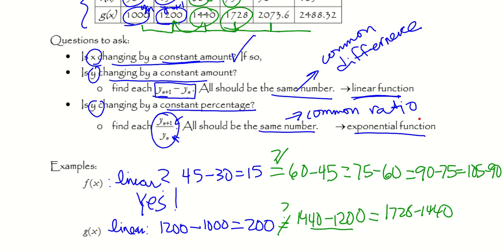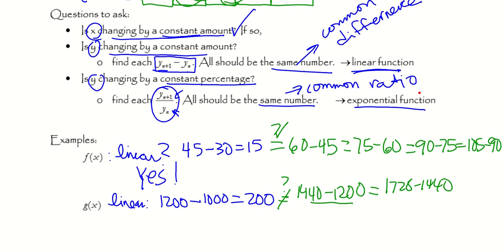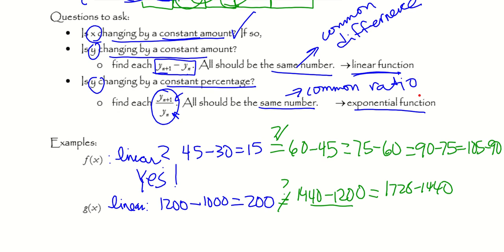The y values are actually growing by a greater and greater amount, not by the same amount. So the next question we ask, when we determine that no, it's not linear, is: is it exponential?